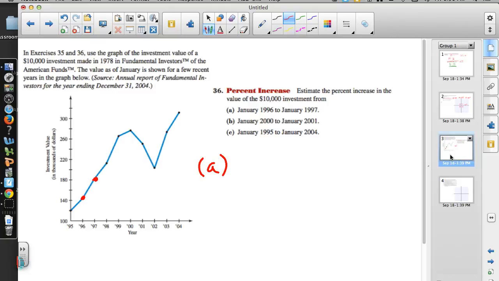Now this is definitely bigger and a little bit easier to see once I have it on the smart board here. And what we want to do is think, okay, if we need the percentage change, what we really need is to figure out how much it has changed and then divide it by the original.